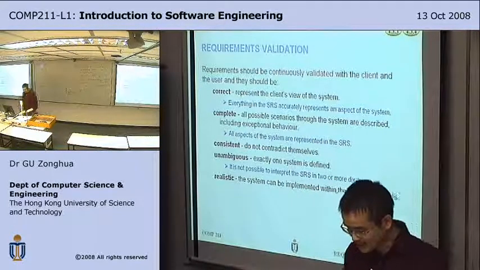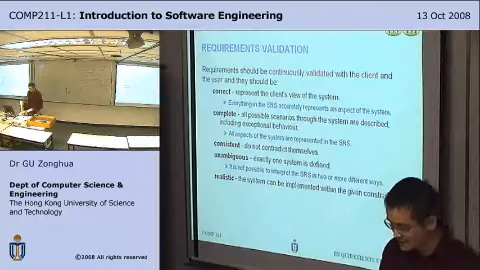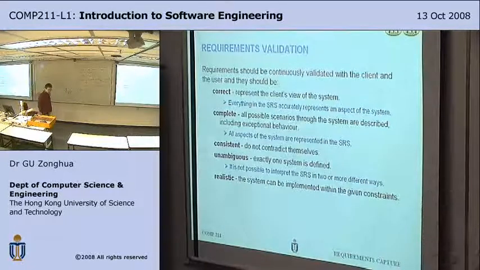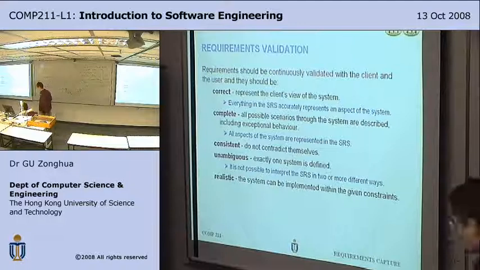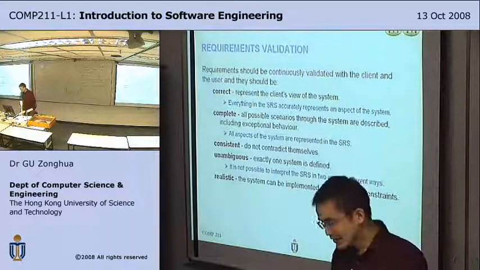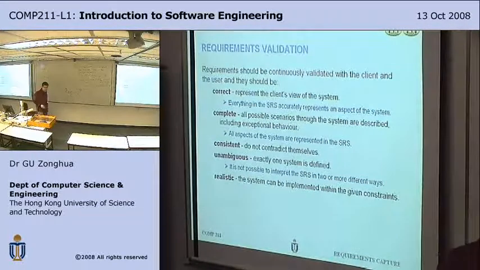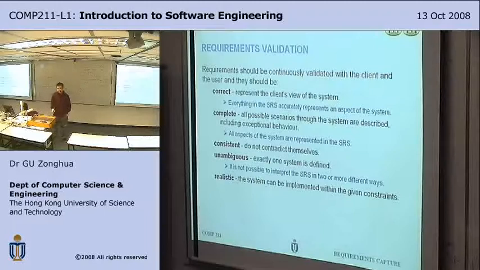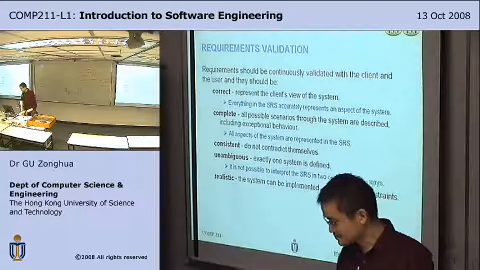Realistic, that is, the system can be implemented within the given constraints. So oftentimes the client wants everything. And then as a software developer, you should tell them what is feasible, what is not, within the cost and time constraints.